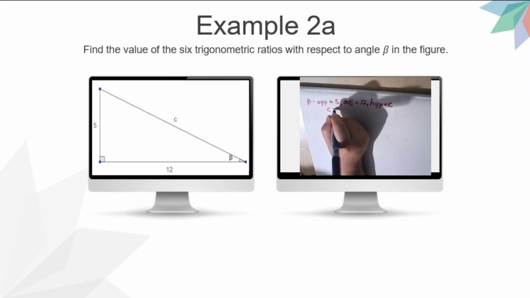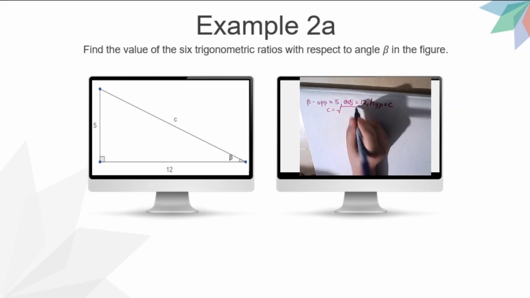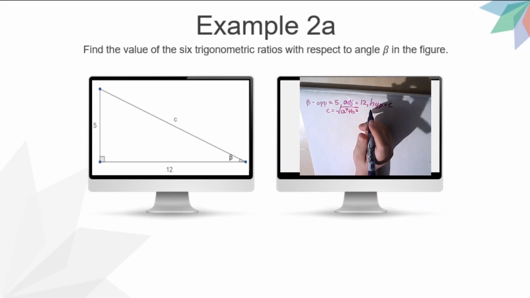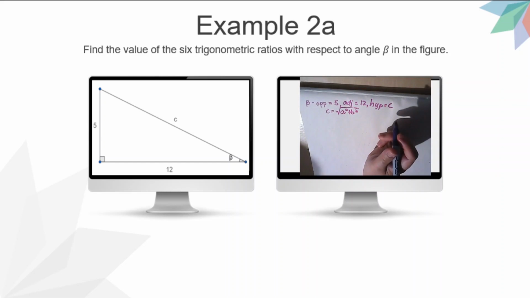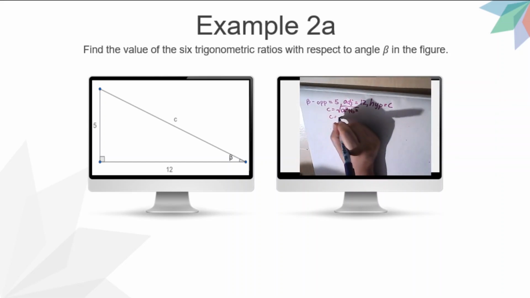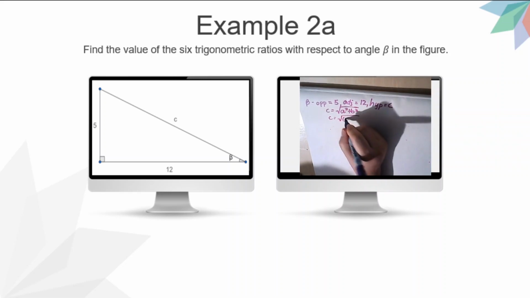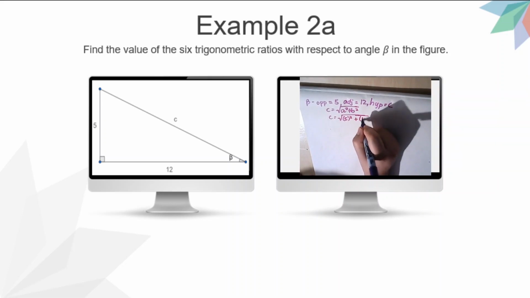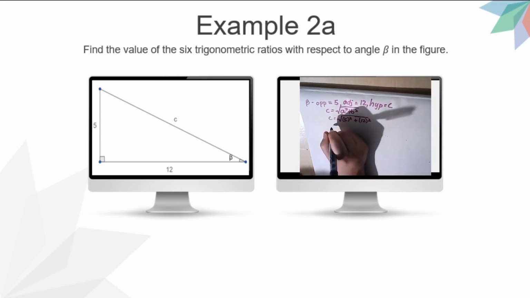So, we know from the Pythagorean theorem that C squared is equal to A squared plus B squared. Now, regardless of A or B, the two legs are measured as 5 and 12. So, to get the hypotenuse, we just get the square root of the sum of 5 squared and 12 squared.